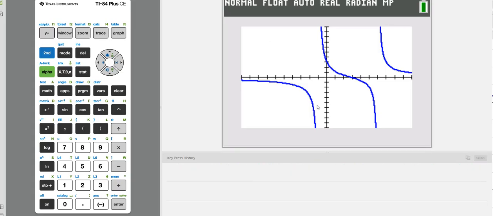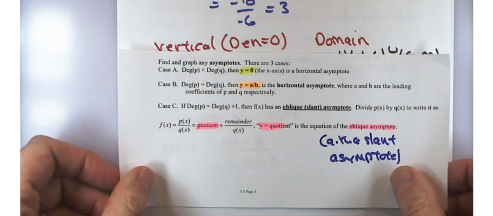But where does it look like this graph is settling down to as you move far out the x-axis in either direction? What's it look like it's getting close to? 0. Yeah, it looks like it's getting close to 0. Is there anything else we have that would make sense of that? This part.